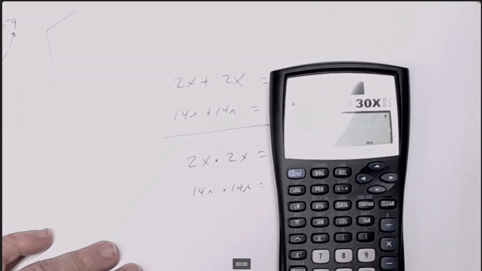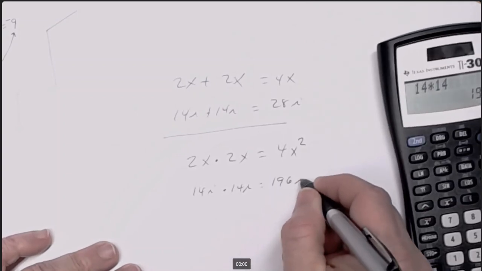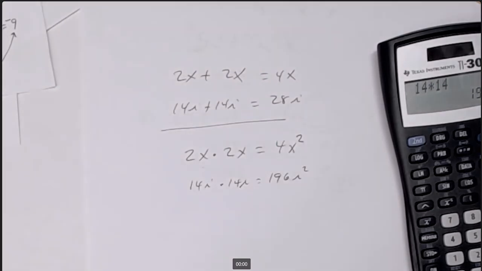Here you're adding, so we only square the variable when it's multiplication. When it's adding, we just carry it over.